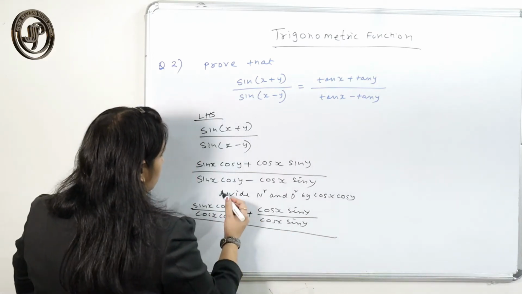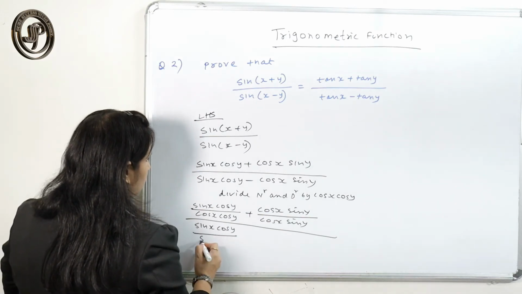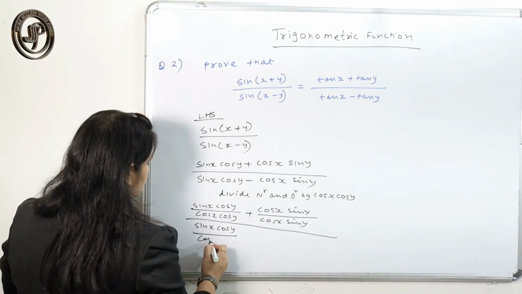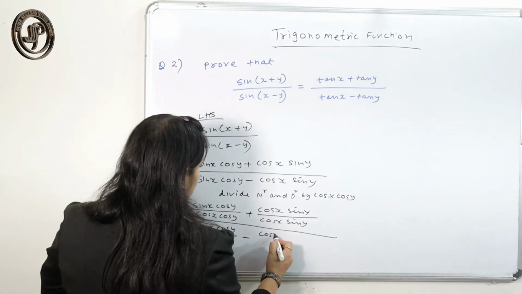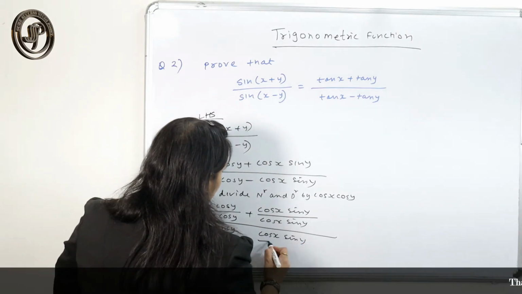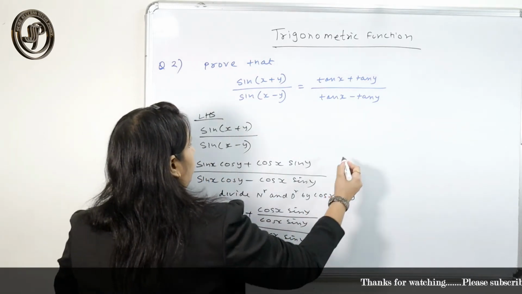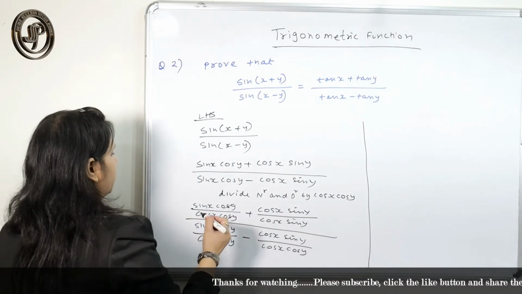And here also, sin x cos y upon cos x cos y minus cos x sin y upon cos x cos y. If I simplify this, then what do I get?